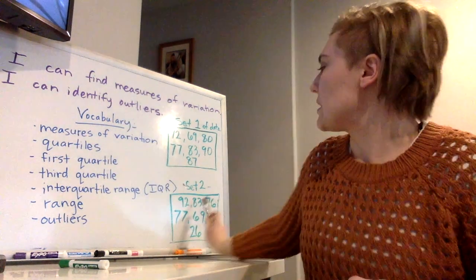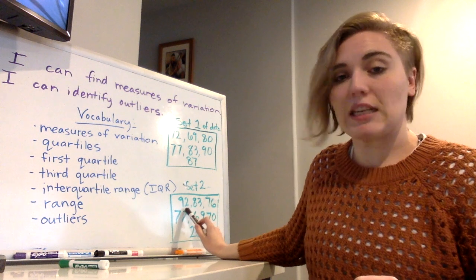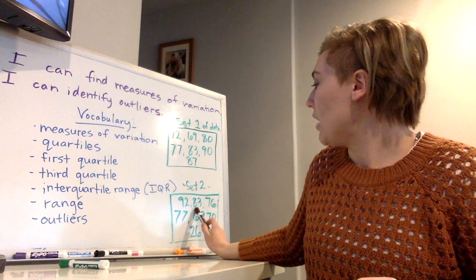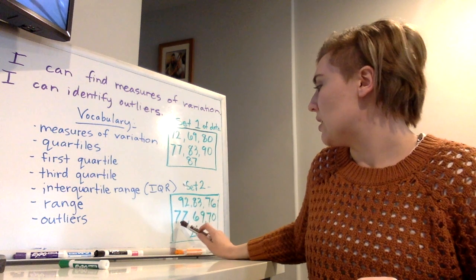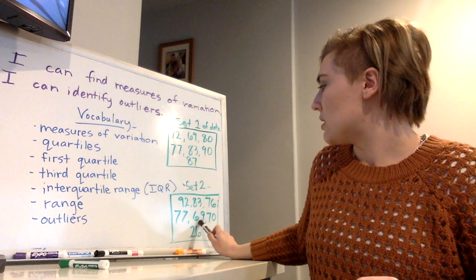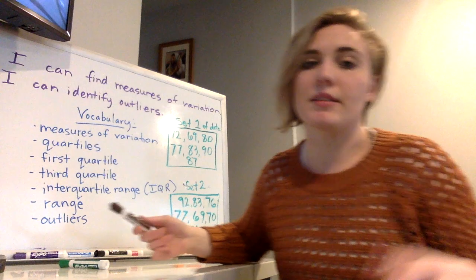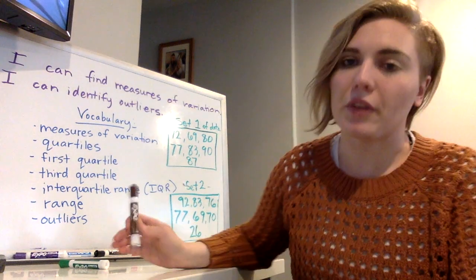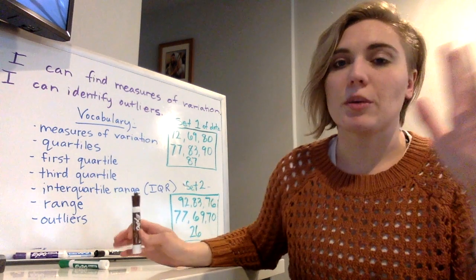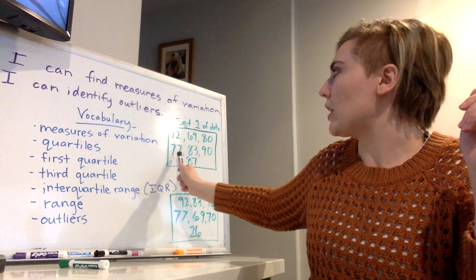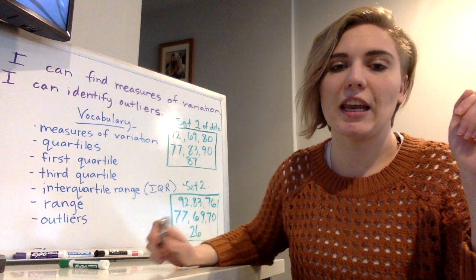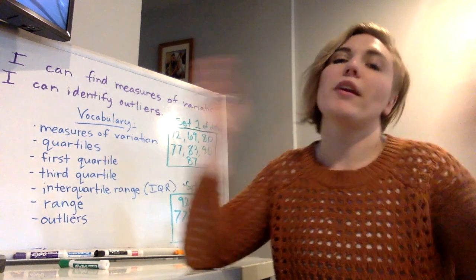Now, set 2: we've got 92, 83, 76, 77, 69, 70, and 26% on a test. I want you to think really quickly to yourself: when you look at set 1 and set 2, which do you think has a wider spread?